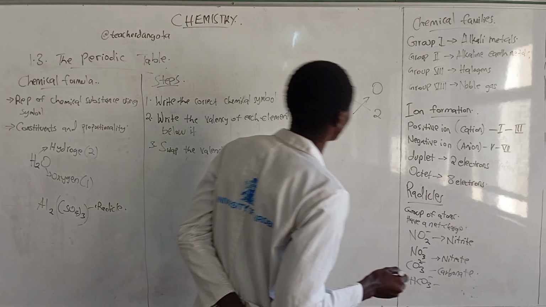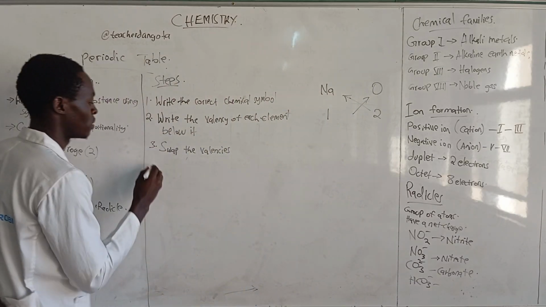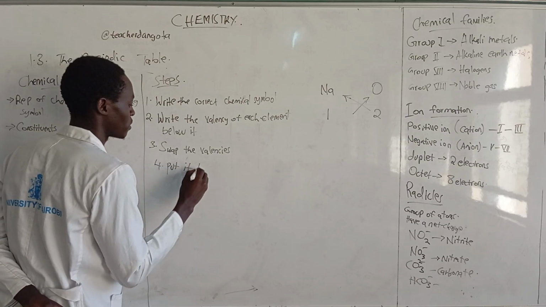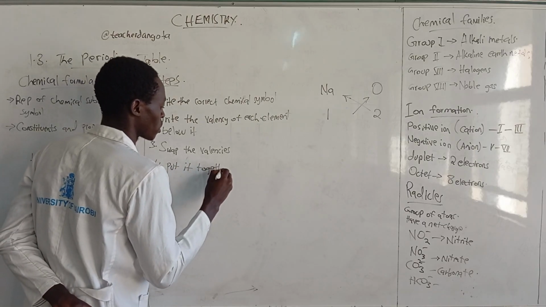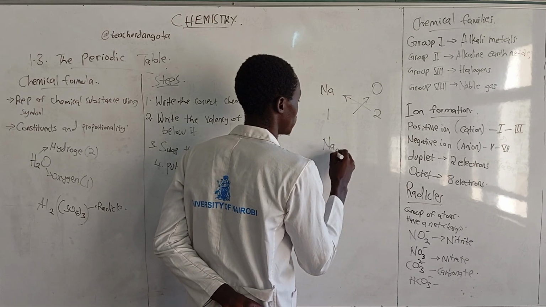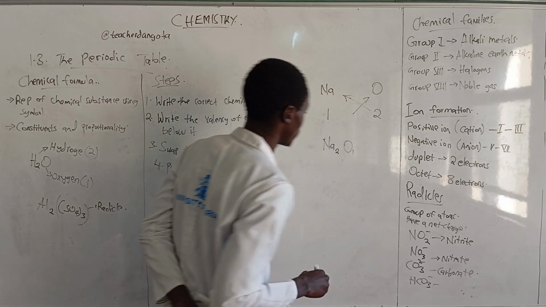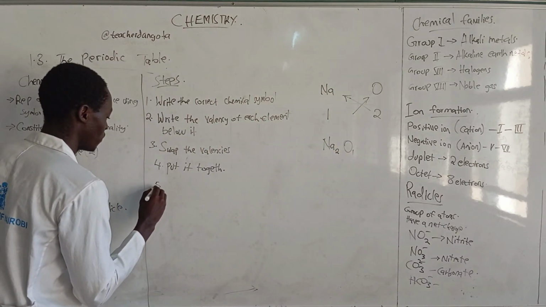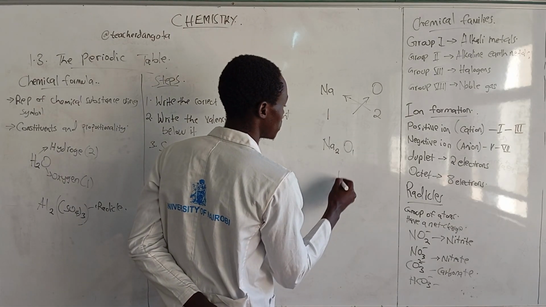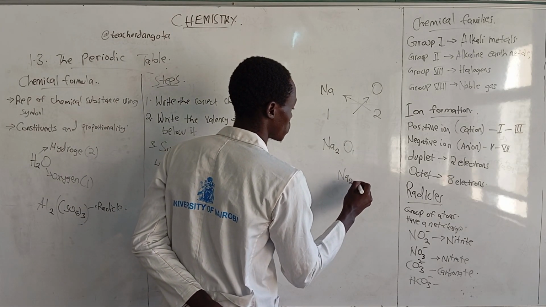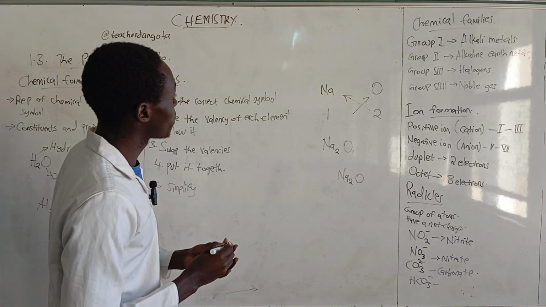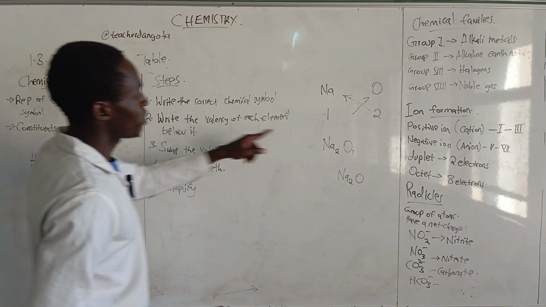After swapping, put it together, so it will be Na2O1. Then number five, simplify where possible. So for this one, it will just be Na2O, sodium oxide. So we have written the chemical formula for sodium oxide.